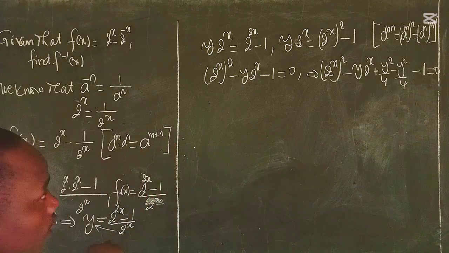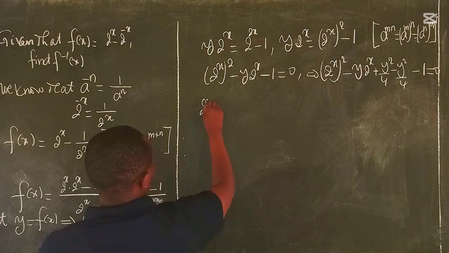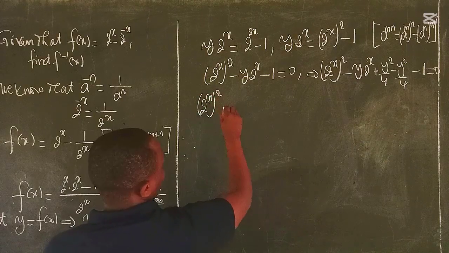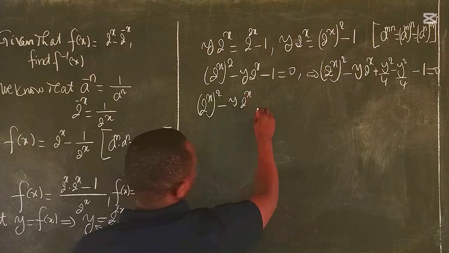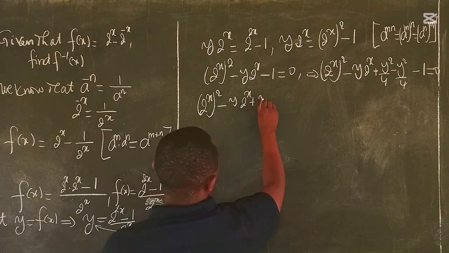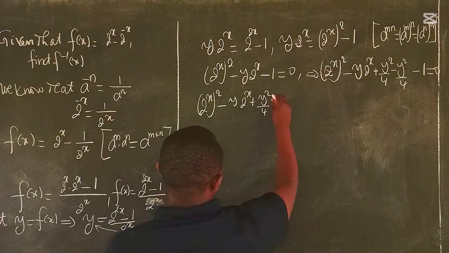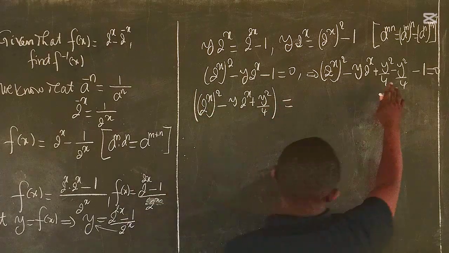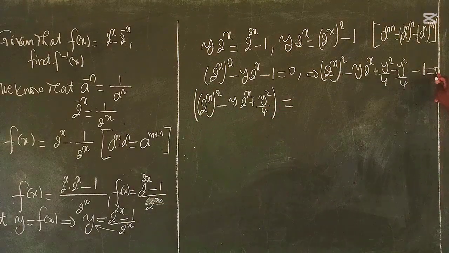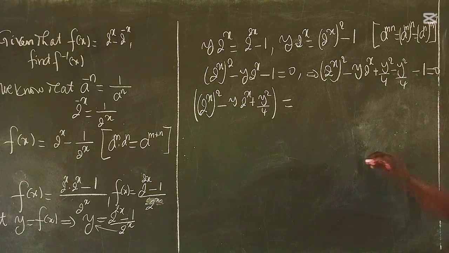What do we have here? We have 2 power x, power 2, minus y times 2 power x, plus y squared over 4, and then taking y squared over 4 and 1 to the other side.